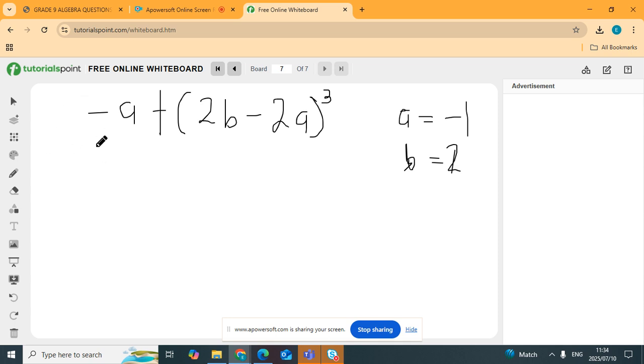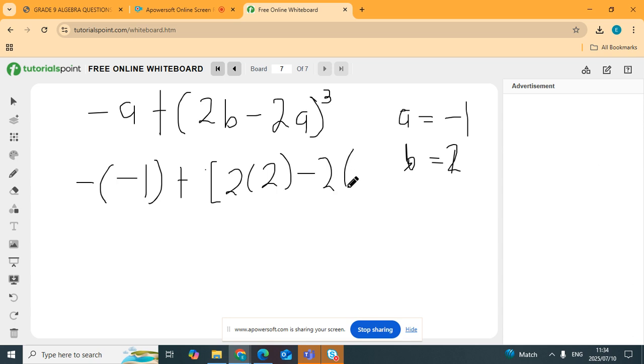Okay, so you're now going to have minus, a is minus 1, minus minus 1, then you say plus bracket 2 multiplied by 2 minus 2 times minus 1, all raised to the power of 3. Now, minus minus 1 gives you a positive 1.